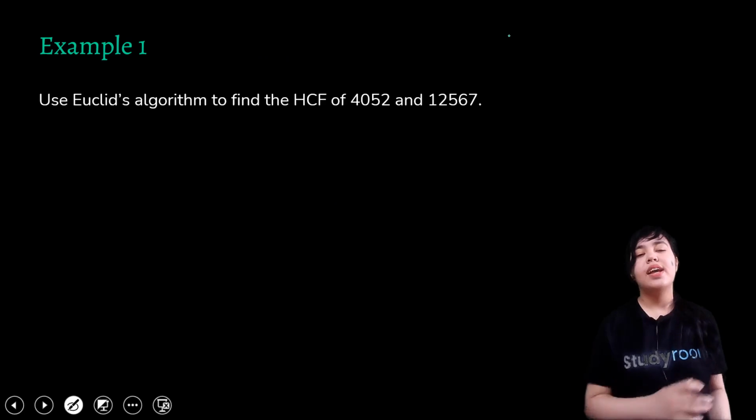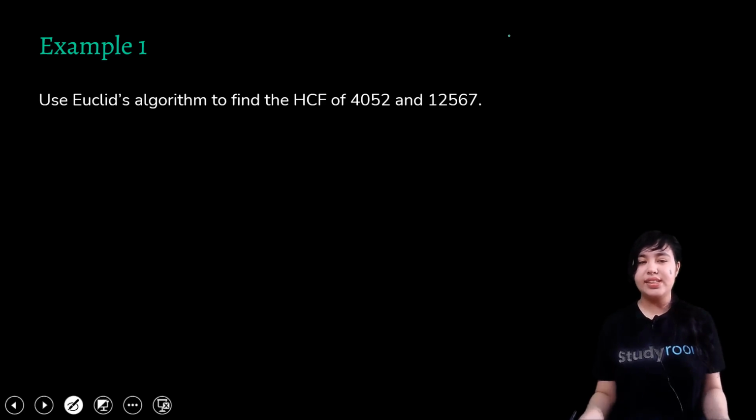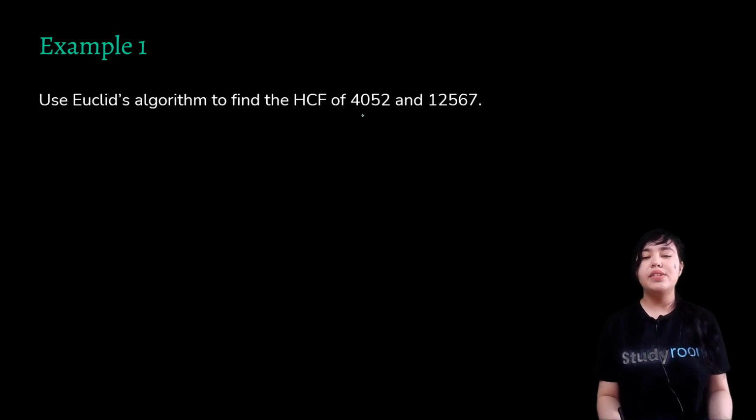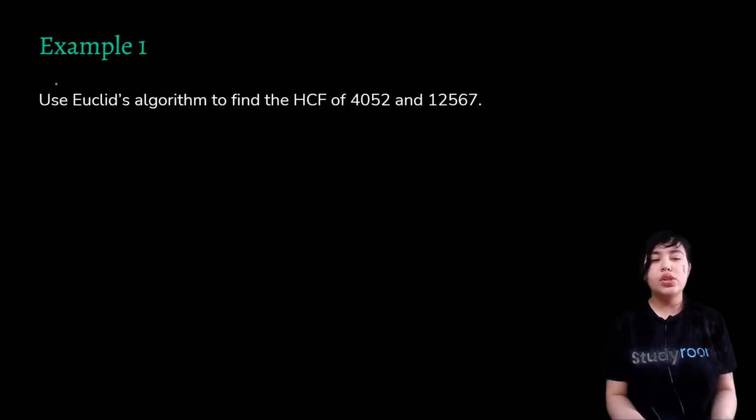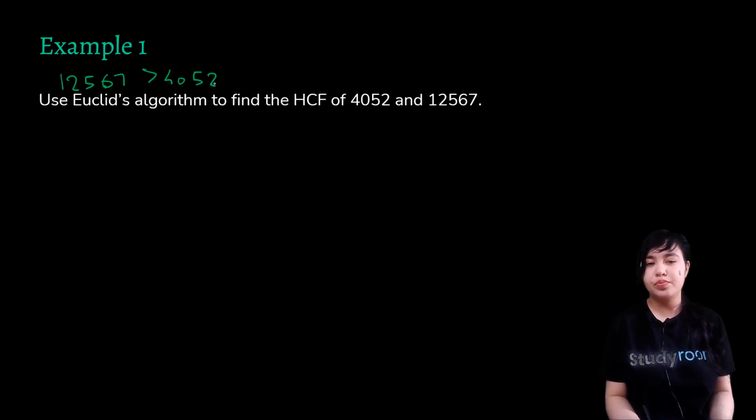Okay. Now we'll have some more examples to understand this. So you've been given these two positive integers. What you need to do first is figure out which one is greater. So clearly 12567 is greater than 4052. So you will perform a long division of 12567 by 4052.